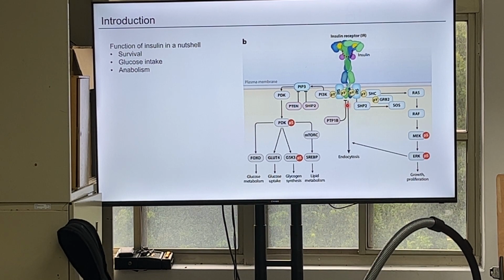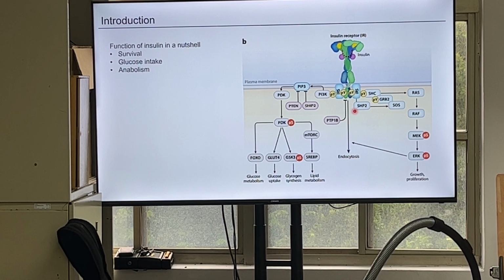For RTK signaling, we need to be facilitated by an adapter, here called insulin receptor substrate, IRS. IRS recognizes these phosphorylated tyrosines, and can then be phosphorylated and recruit downstream effectors.